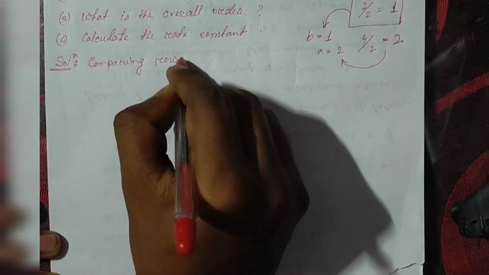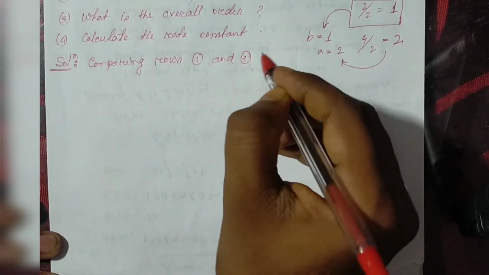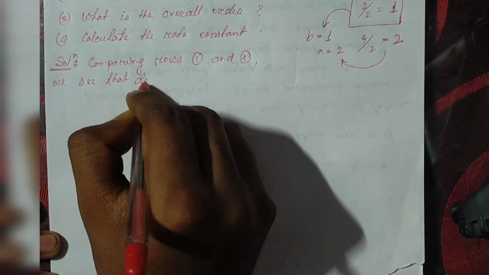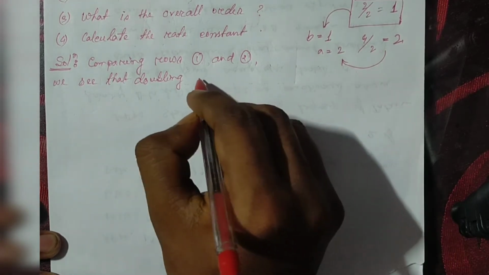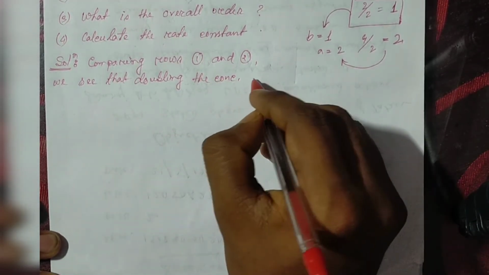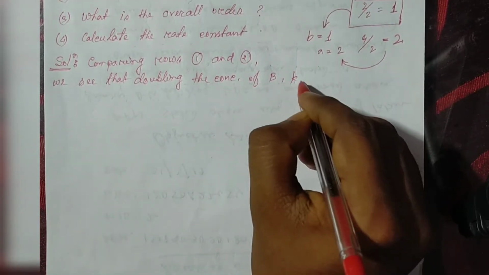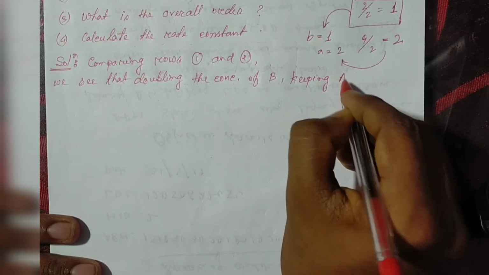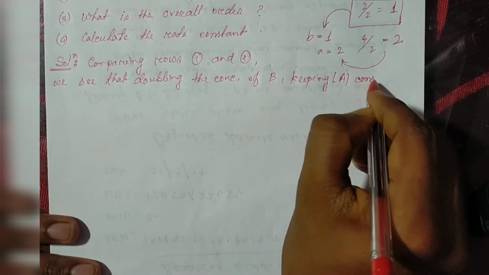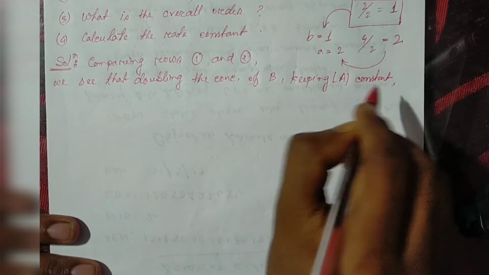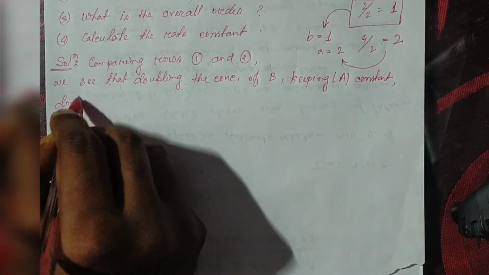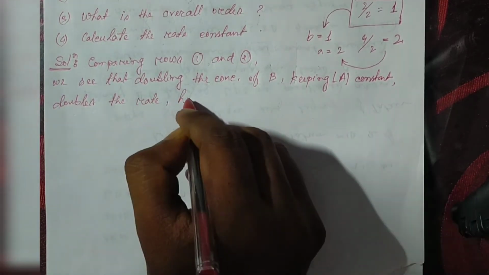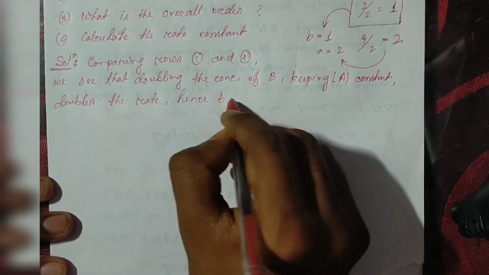Comparing rows 1 and 2, we see that doubling the concentration of B, keeping the concentration of A constant, doubles the rate. Hence b will be equal to 1.